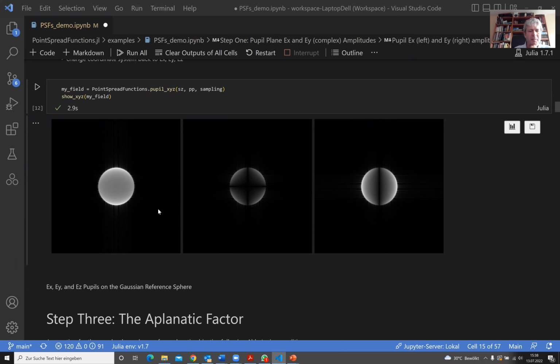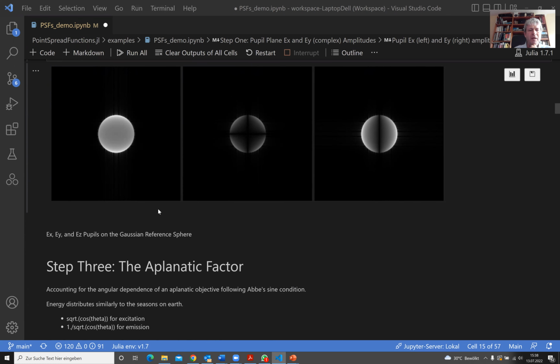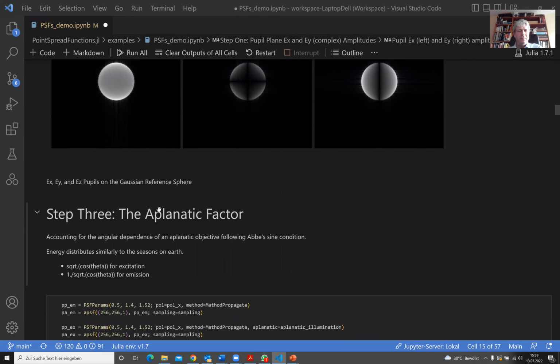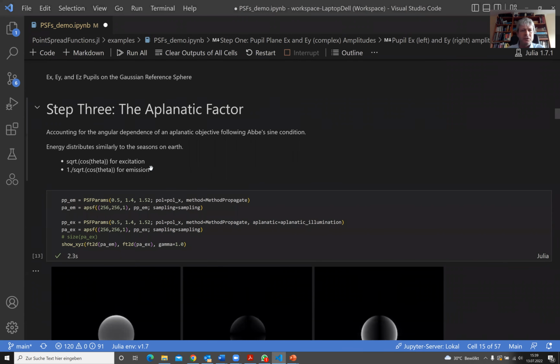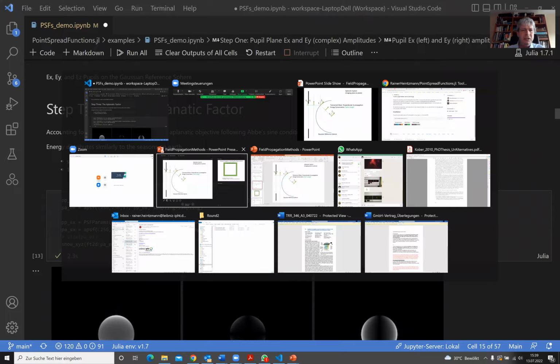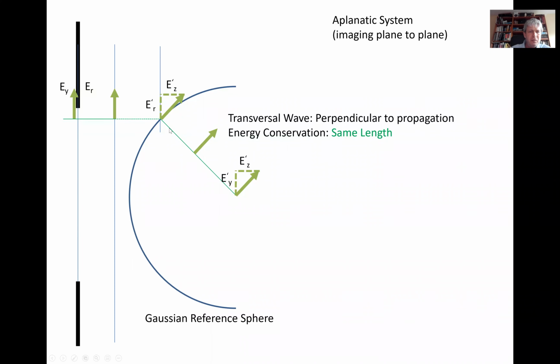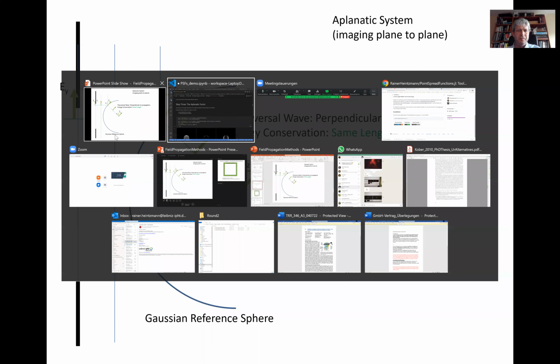This essentially means that when we project onto this pupil, so I can go back to this graph that you've just seen here, we also have an effect, which is a geometrical effect. That basically means that the size of an area there will change, and this is accounted for in what is called the aplanatic factor.